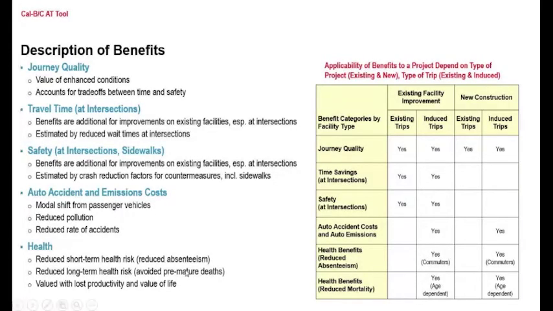These are the primary benefits, but then there are a few additional benefits. As I mentioned with journey quality, it's intended to capture both the travel time and the safety benefits, but we recognize that there are certain places where it doesn't capture those benefits.